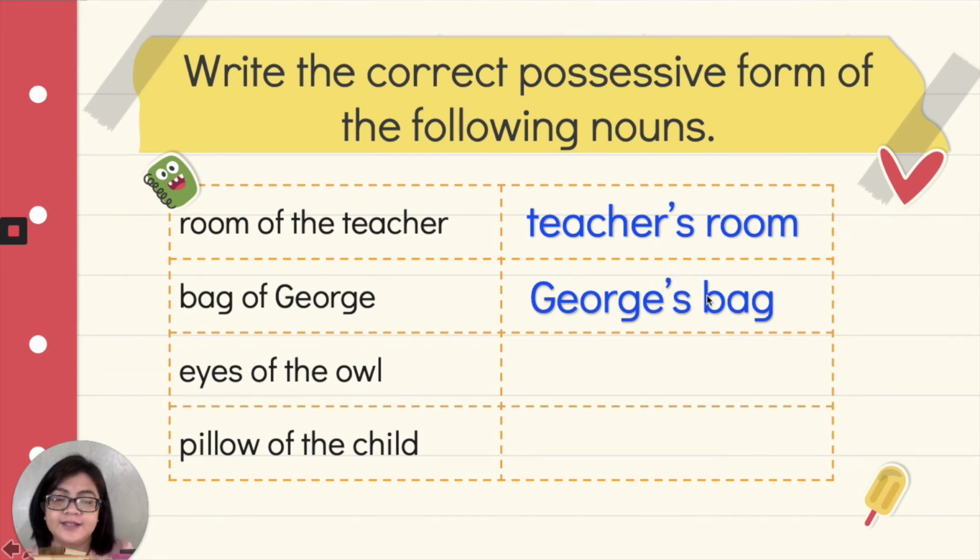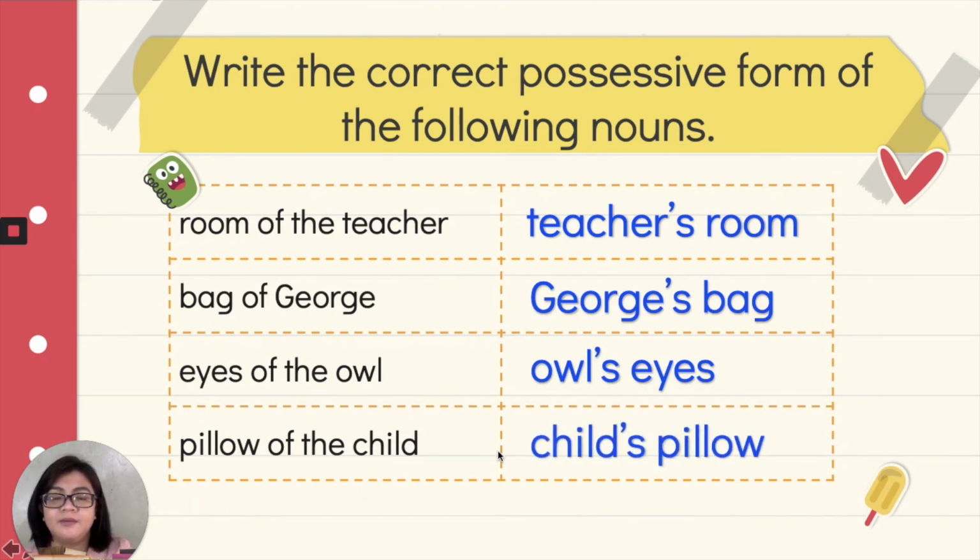Apostrophe S at the end of the name George. Next, eyes of the owl will become owl's eyes. Then, pillow of the child becomes child's pillow.